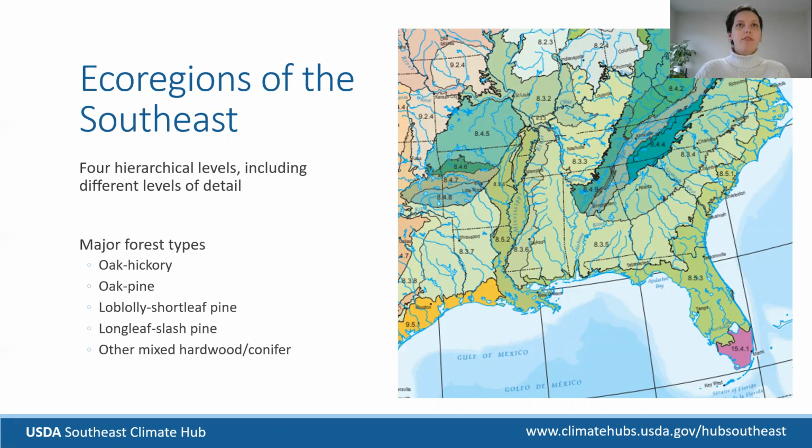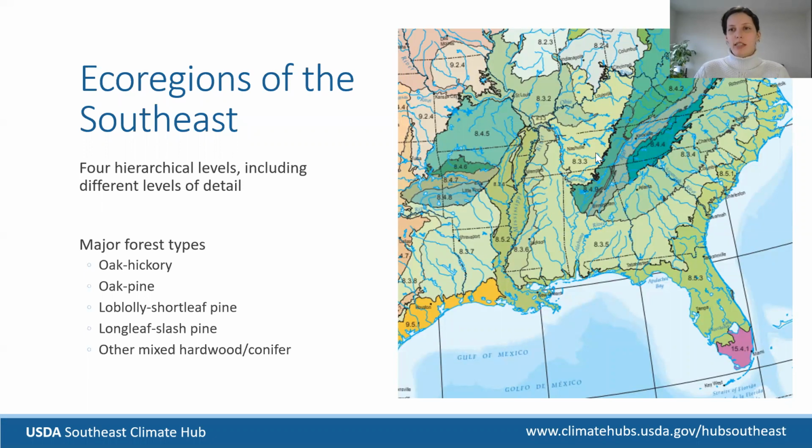First, to set the scene of the Southeast, here's a map of the different ecoregions of the Southeast. Ecoregions are areas that have similar ecosystem compositions, which include geology, soils, and vegetation. Displayed on the map is level 3, and there are 4 different levels of ecoregions, each level higher becoming more specific and detailed.